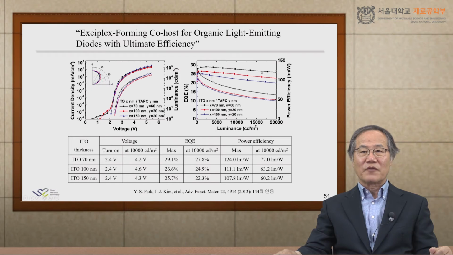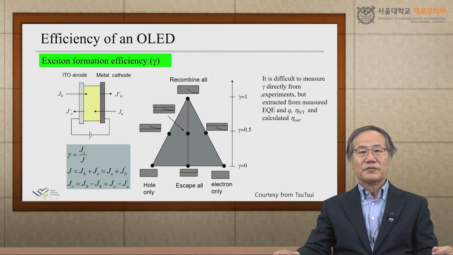That is called efficiency roll-off. This specific device doesn't have much efficiency roll-off, but some OLEDs and some papers show strong efficiency roll-off in some cases. And we need to understand what actually causes this kind of efficiency roll-off. I'll discuss it a little in the later part of this lecture.